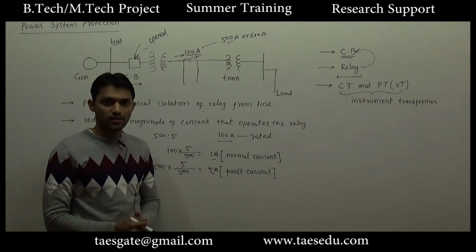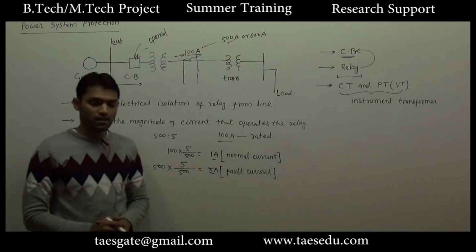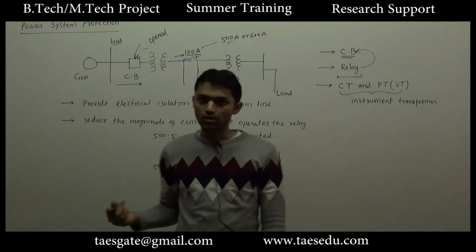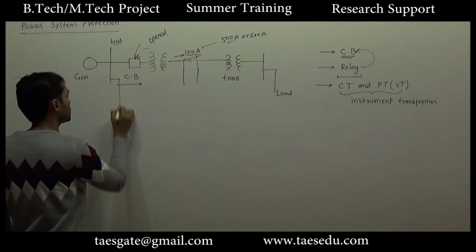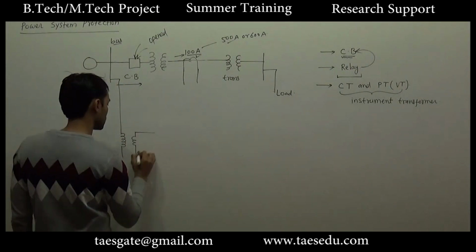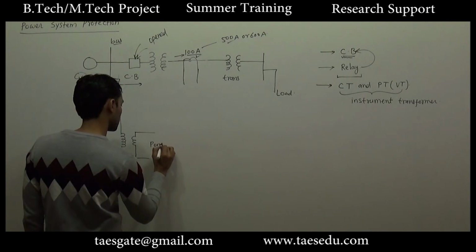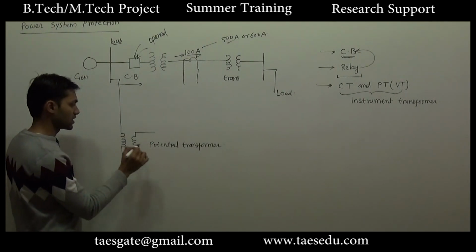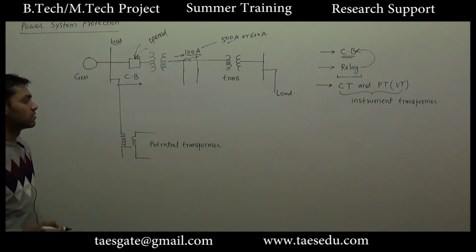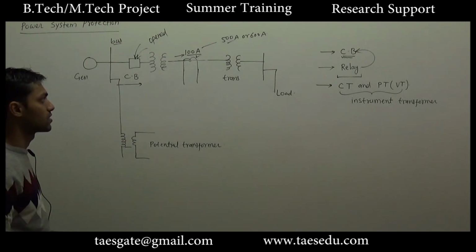Similarly, many relays require the bus voltages. So this is the bus voltage. Here we can use a potential transformer. Even this instrument provides electrical isolation from the line or the bus, okay.